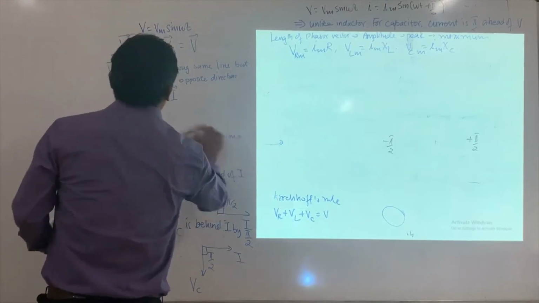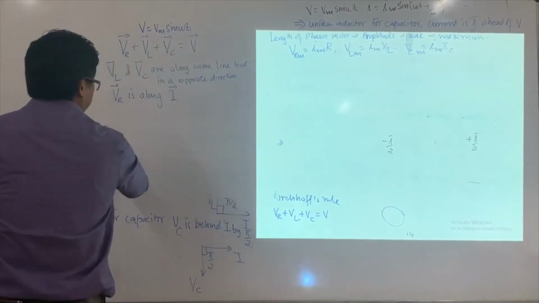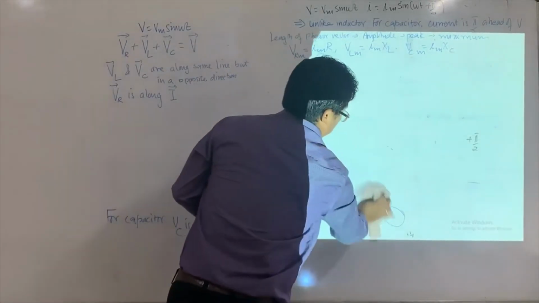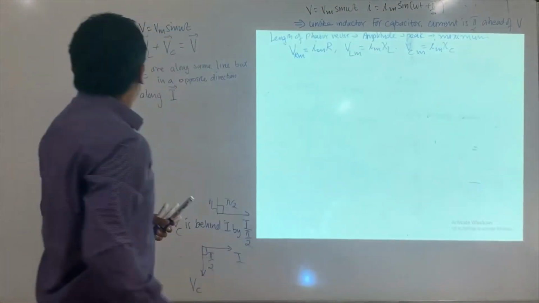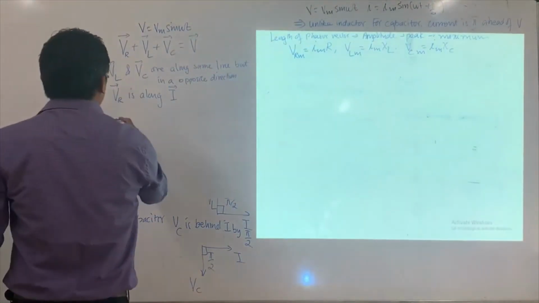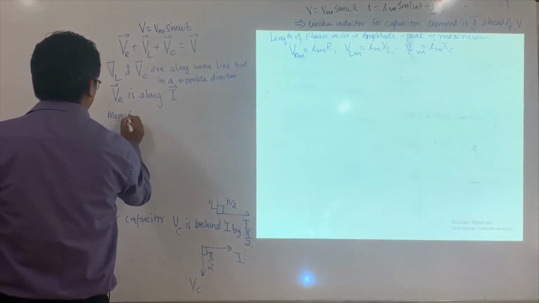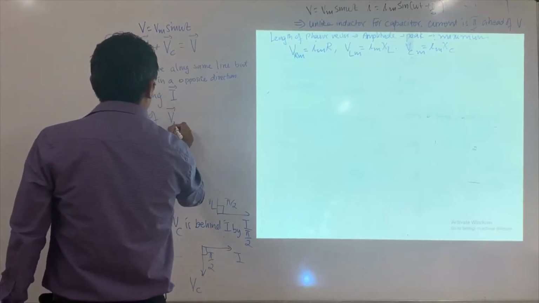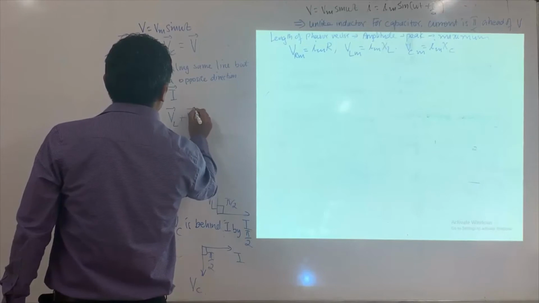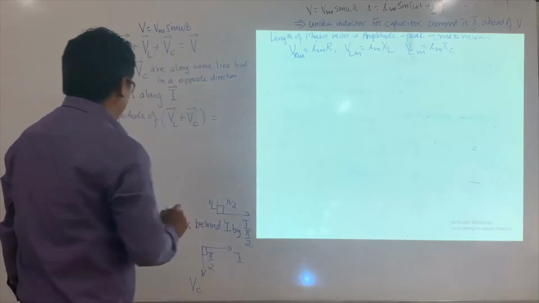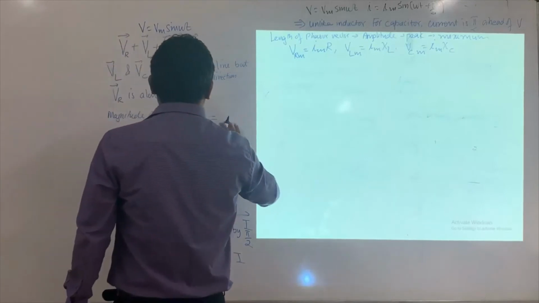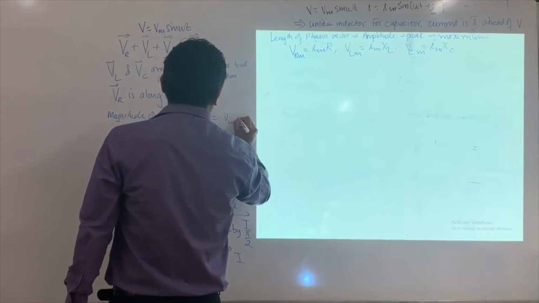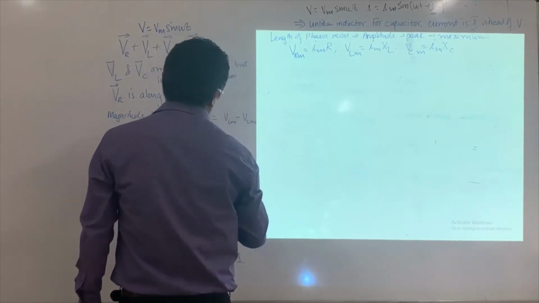And now look here. Therefore the magnitude of VL plus VC is equal to VLN minus VCN, right?